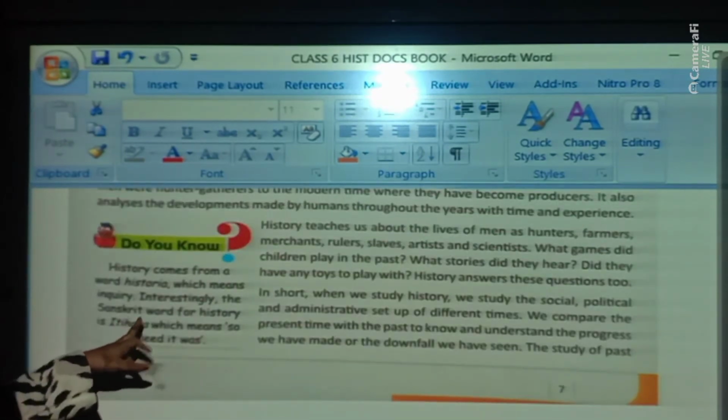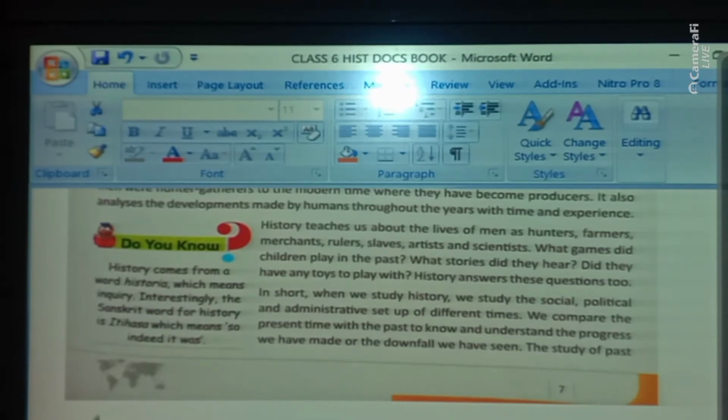History comes from the word historia, which means inquiry, and interestingly its Sanskrit term is itihasa, meaning so indeed it was.